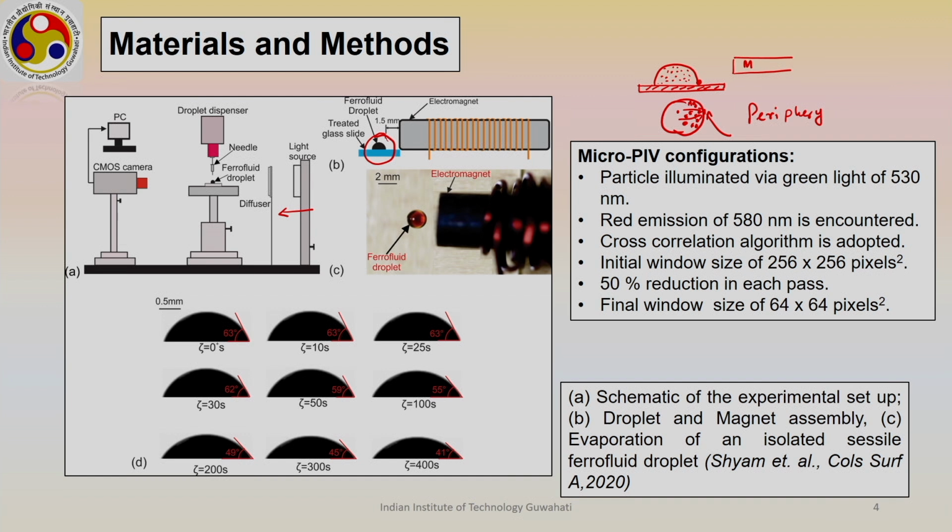If our objective is to predict the internal flow velocities developed because of the movement of the magnetic nanoparticles, we need to ensure that this measurement technique will take some finite amount of time, and within this time the droplet should not evaporate. The droplet is particles mixed with the carrier fluid, so the droplet volume should not be reduced drastically, otherwise our measurement will be affected.